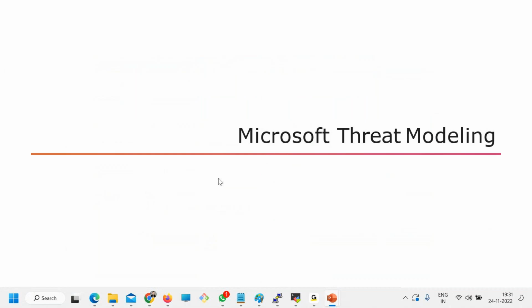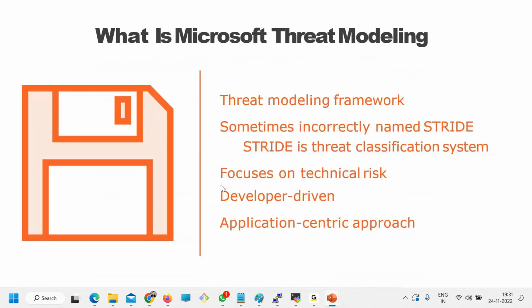Now there is one more modeling we have, which is called Microsoft threat modeling. When you say Microsoft threat modeling, they recommend STRIDE, the one which I discussed earlier during application centric. This model is very popular, by the way, more than PASTA, because it is used by Microsoft, and they have great documentation on their website.